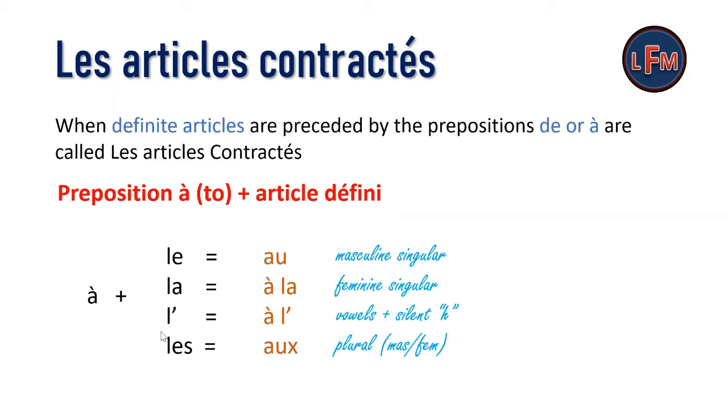À with l apostrophe is à l apostrophe, which is used with vowels or silent H. À with les is aux, which is used for plural, either masculine or feminine. So we have four contracted articles with preposition à: au, à la, à l apostrophe, aux, which means to the.